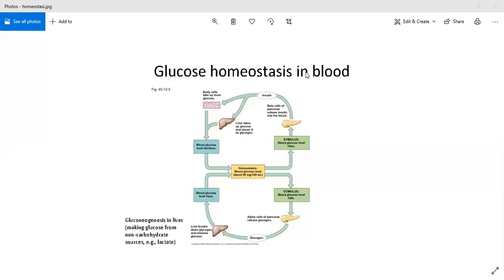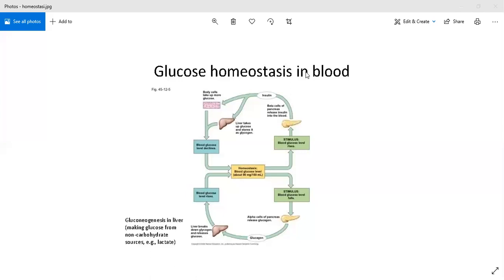So in the pancreas, you find the islet of Langerhans. In the islet of Langerhans, you find the alpha cells and the beta cells. There are also other types of cells, okay? You have the PP cell and delta cell, but we don't need them in glucose metabolism. So the two cells we need for glucose homeostasis are the alpha cells and the beta cells.